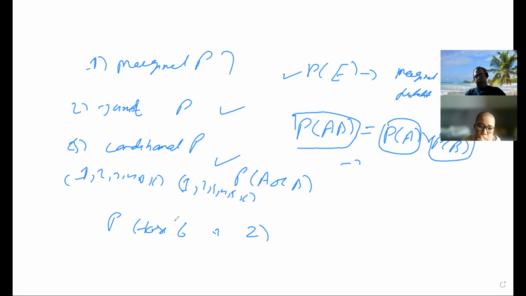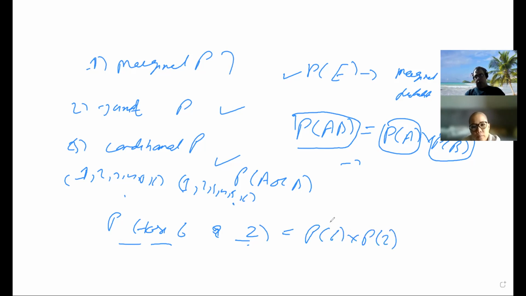Tossing of the first die will give you 6 and tossing of the second die will give you 2. Now this is a joint probability, because getting 6 on the first die and getting 2 on the second die are independent events. So this will be equal to P(6) into P(2).